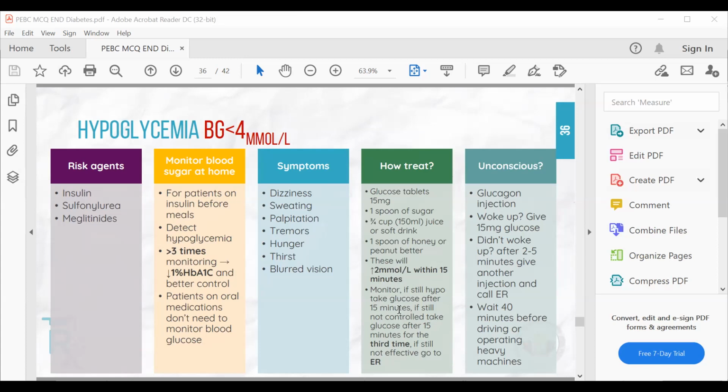If the increase in blood sugar is less than 2 millimole, I need to repeat it again with the same amount. After 15 minutes, I will measure again. If the increase is still less than 2 millimole, I will repeat it for the 3rd time. And after the 3rd time, if there is no response, I have to take him to the hospital.